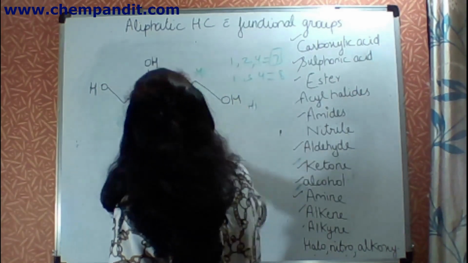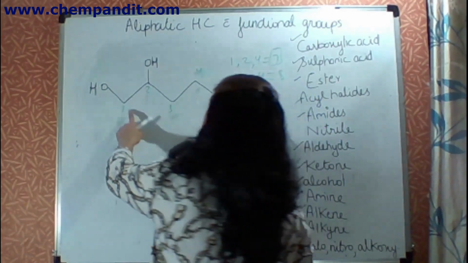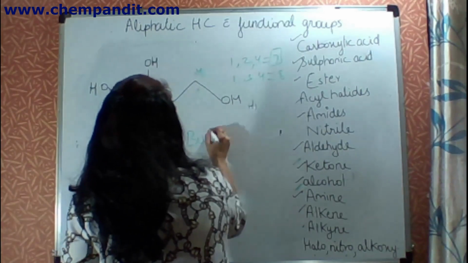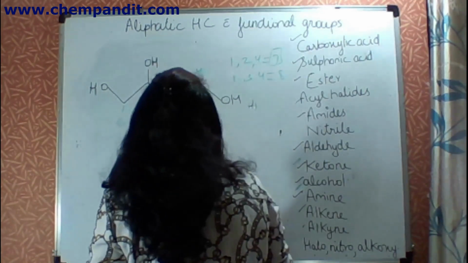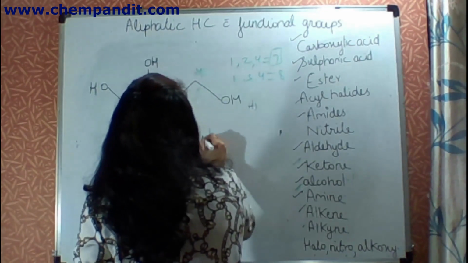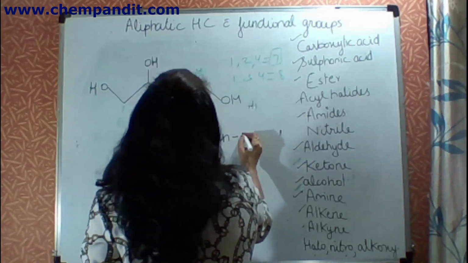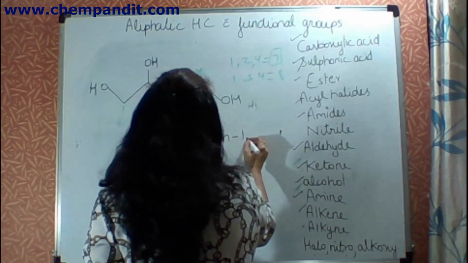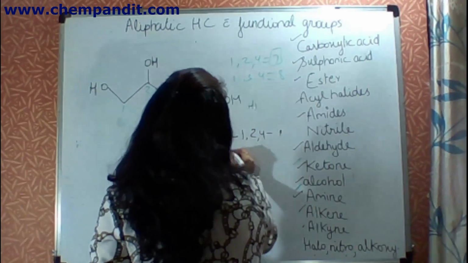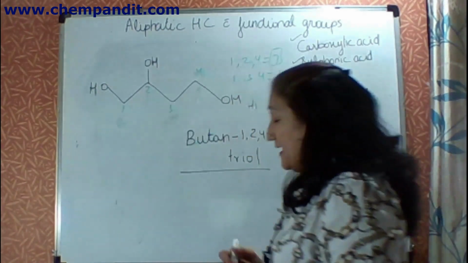So the name of this alcohol will become butane-1,2,4-triol. This will be the final name.